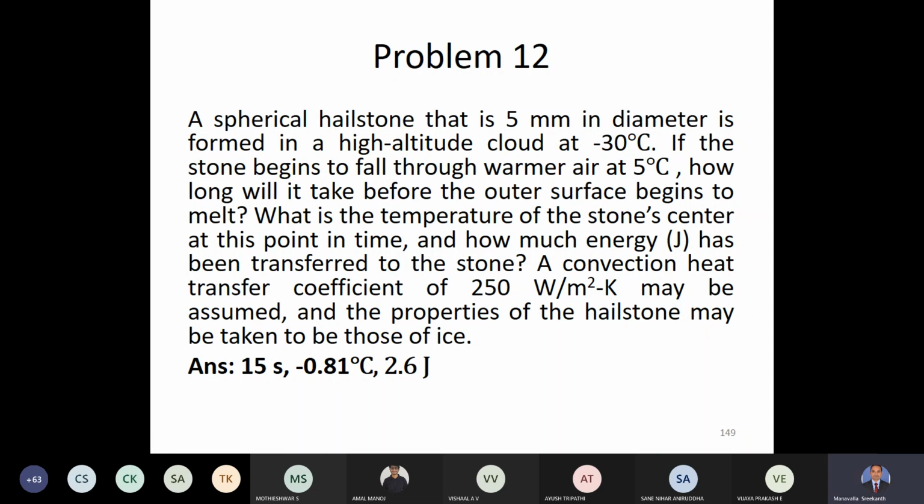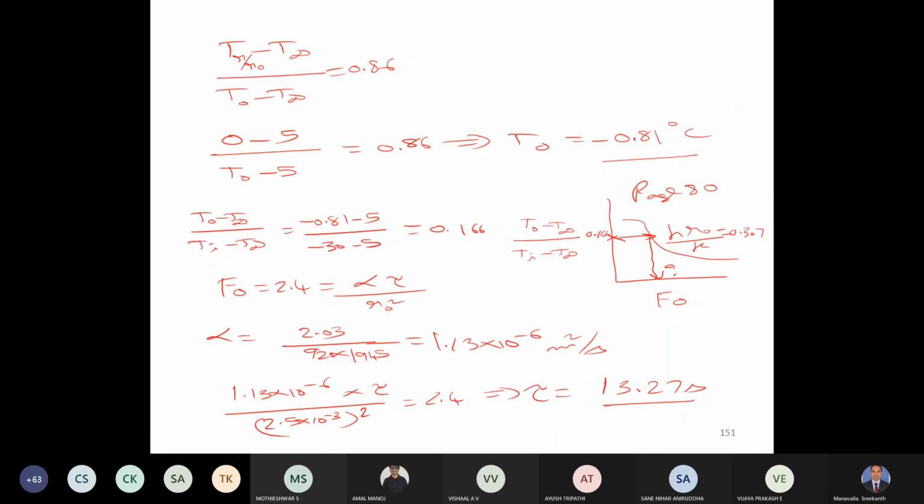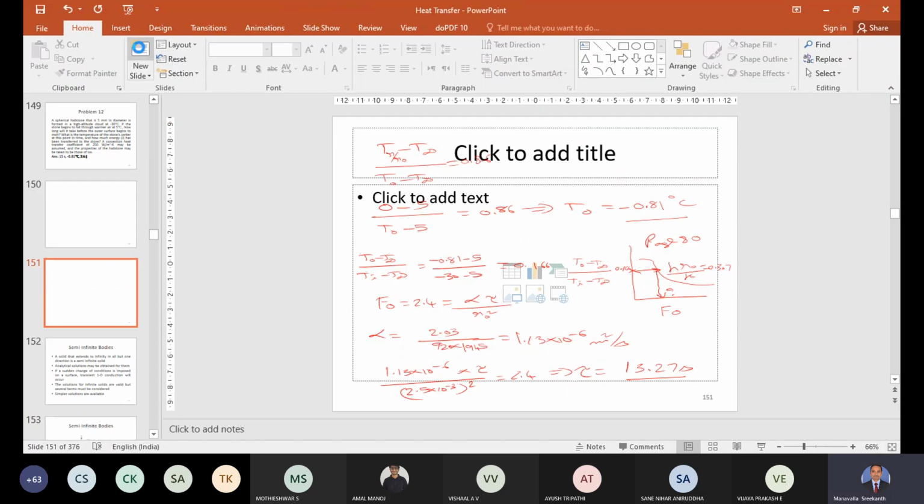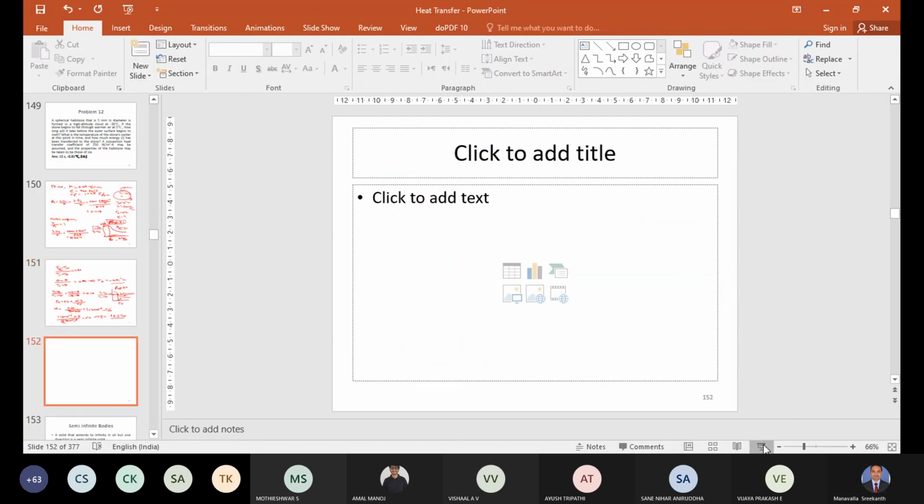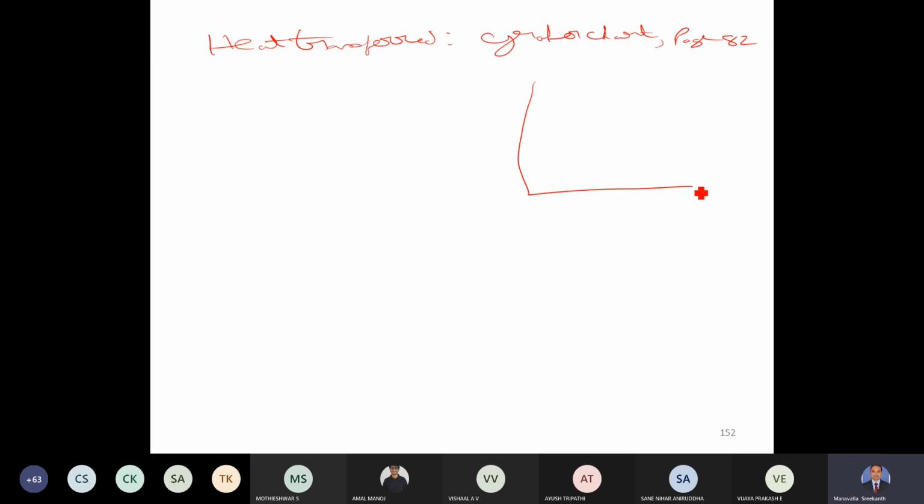For that, you need to use the Grober chart, on page 82.